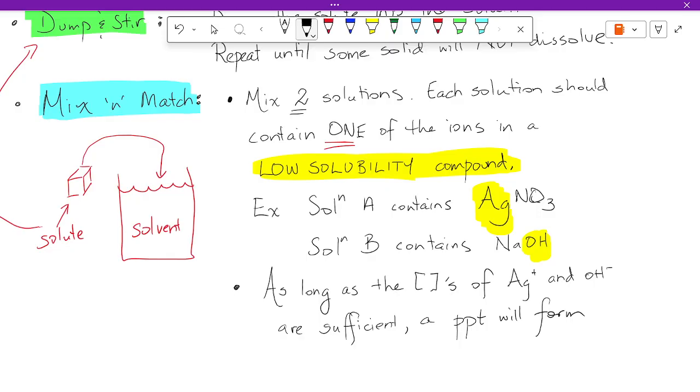For which of these are the coefficients used for the ion concentrations? Dump and stir.